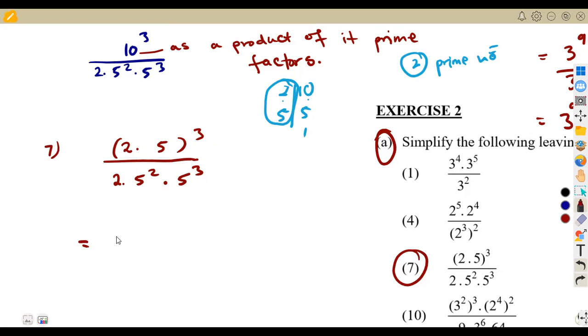That is 2 to the exponent of 3 times 5 also raised to the exponent of 3. Everything will be raised to the exponent of 3, all over 2 times 5 to the exponent of 2 times 5 to the exponent of 3.